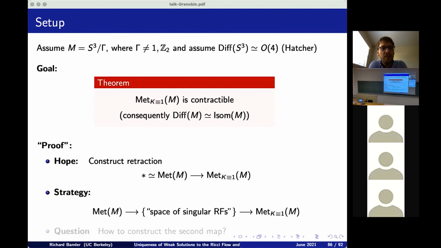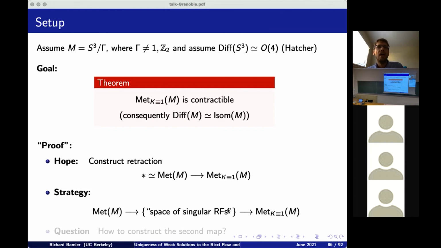But now we have to be a bit more careful. The deformation retraction in dimension 2 was just given by the Ricci flow. We just had to do some rescaling or maybe take a limit in order to construct this map. Now, given a metric, we only get a singular Ricci flow. So essentially, and I'm being a bit ambiguous here, we have this map from the space of metrics to some kind of space of singular Ricci flows, whatever this should be.